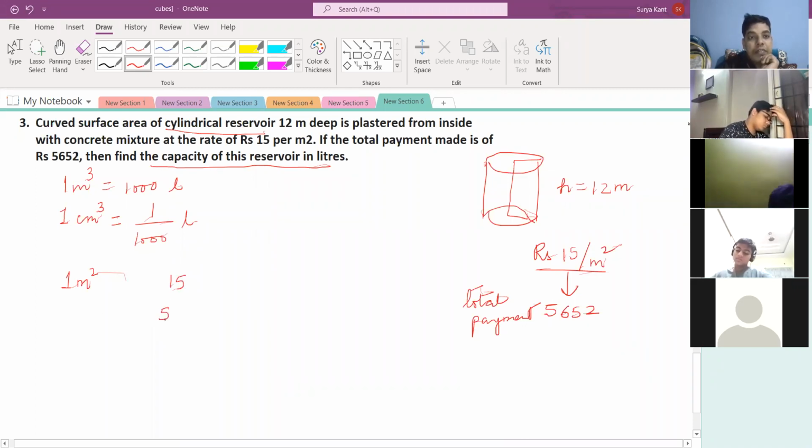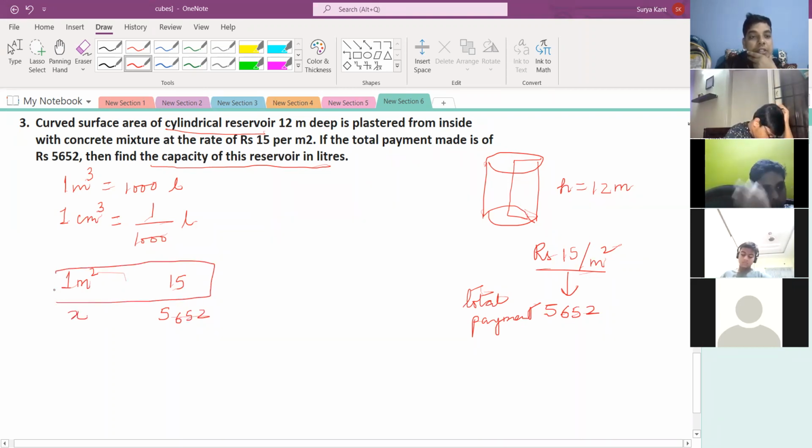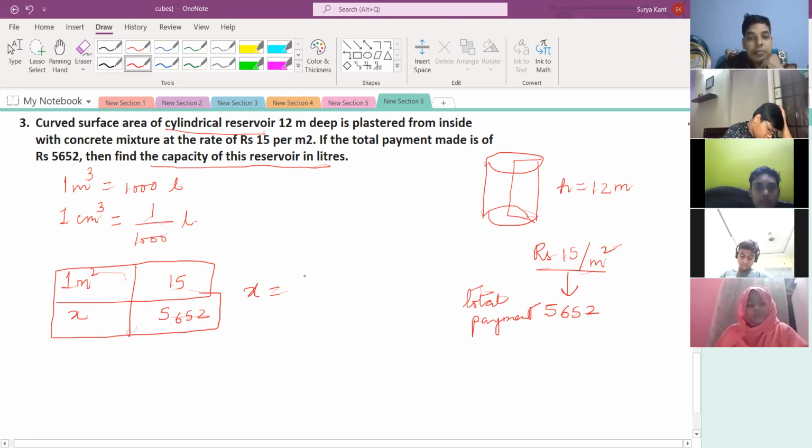So if you are using 5652, the area will come by multiplication. 5652 divided by 15.